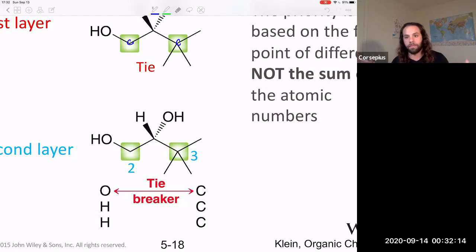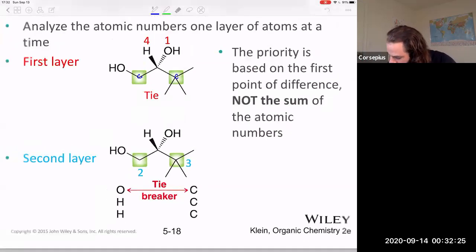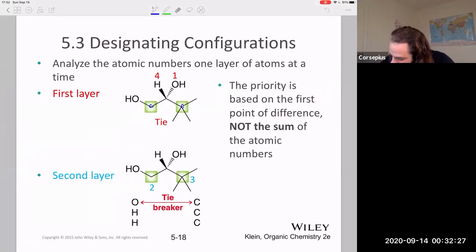It's not like you're taking them and adding them up or anything like that. It's just simply comparing the atoms. In this case, it's an oxygen and a carbon. Oxygen wins, so there, we're done. So assigning all the priorities, this one would be 1, 2, 3, and the hydrogen's 4.